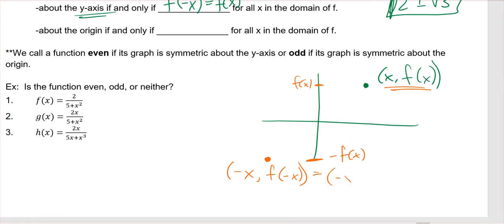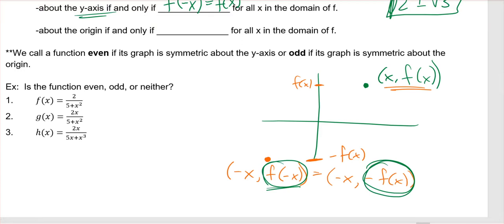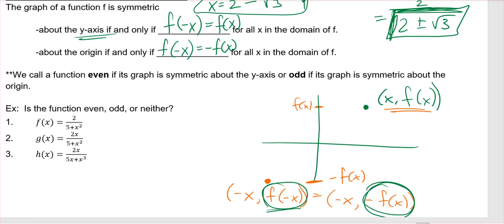Well, that means that this one has to be the same as this one. So if we put a negative x in through our function, we're going to get the negative version of what we would get if I had the positive number in there. So putting that in a nice little package up here, a graph of a function f is symmetric about the origin if and only if I put a negative x in there and I get the negative version of that function back.